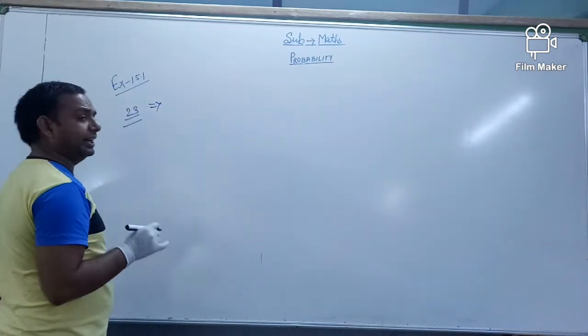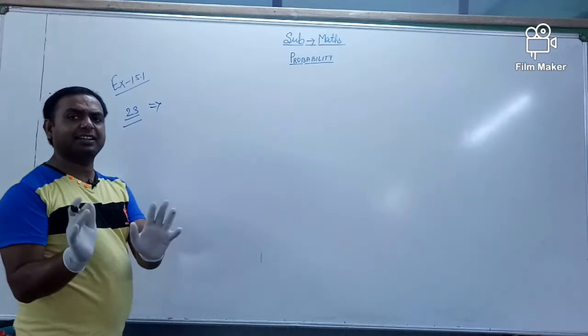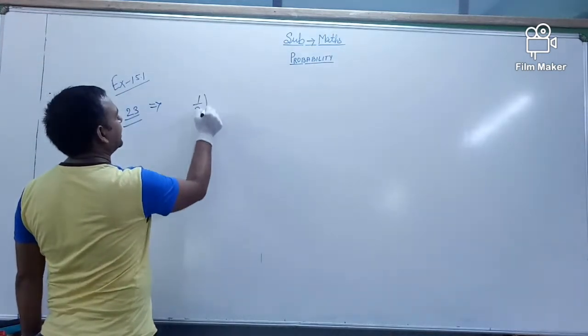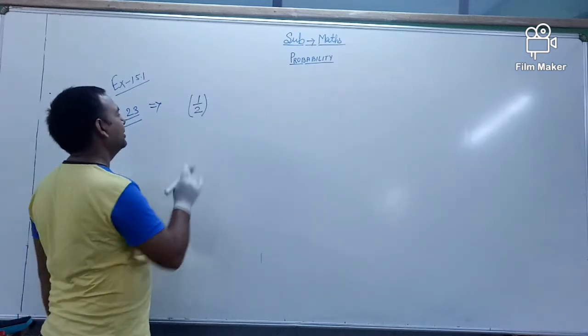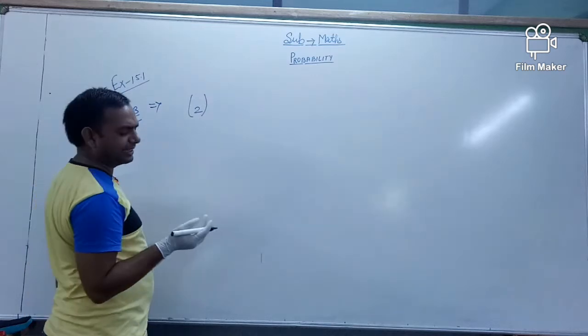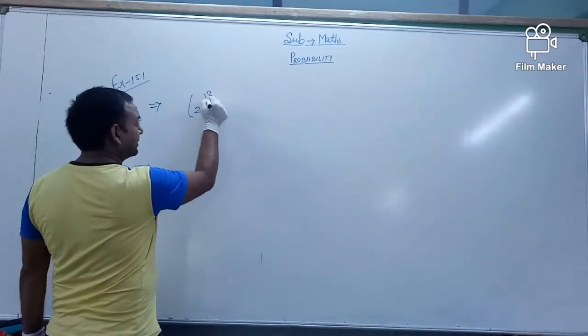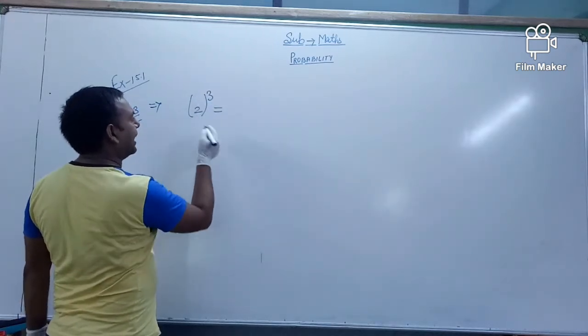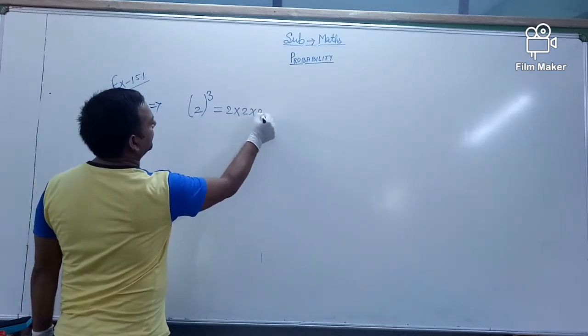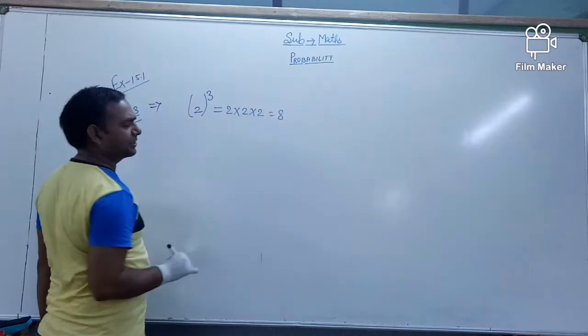If you toss the coin, there are 2 possibilities, either head or tail. So the probability is 1/2. If you toss the coin 3 times, the total number of outcomes is 2 into 2 into 2, which is equal to 8.